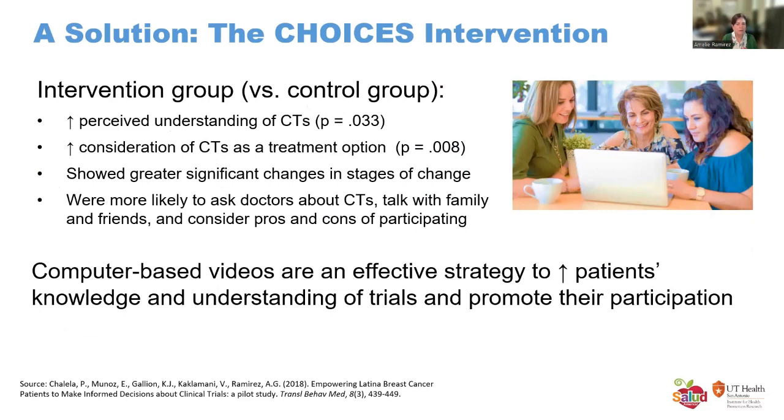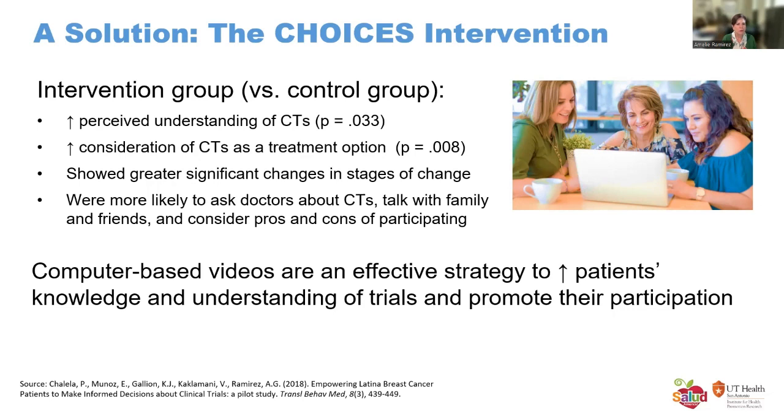And so what we found was that this was truly an effective way of going about it. When we compared our intervention group to the control group, we were able to increase perceived understanding of clinical trials. What does randomization mean? And we were also able to increase consideration of participating in a treatment trial in our treatment group.